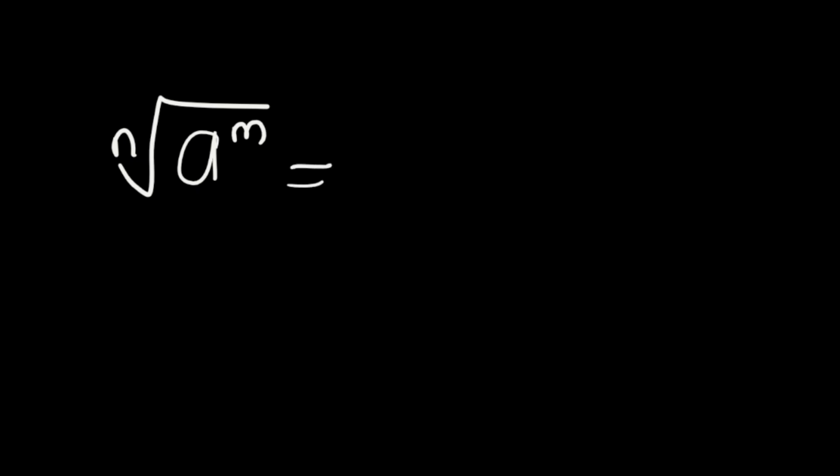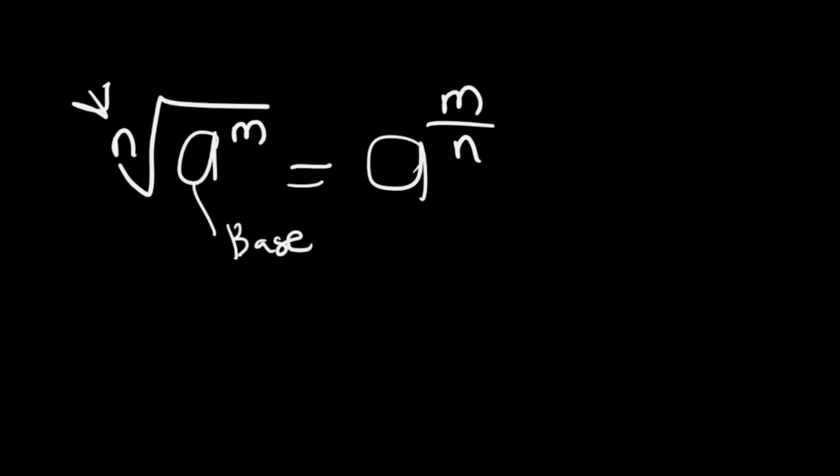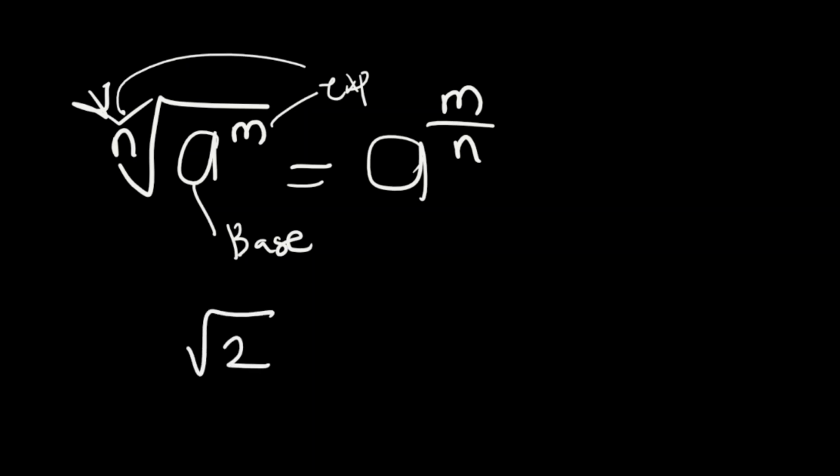You are going to say a to the power of m divided by n. So the root is always at the bottom. If you check, it's always at the bottom of the exponent of the inside base, right? If this is the base and then this is the exponent, this n is going to be at the bottom of the exponent always.